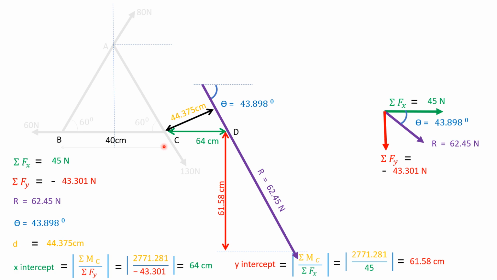The resultant has a magnitude of 62.45 newtons and makes an angle of 43.898 degrees.